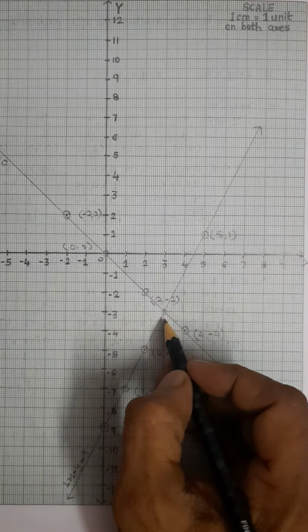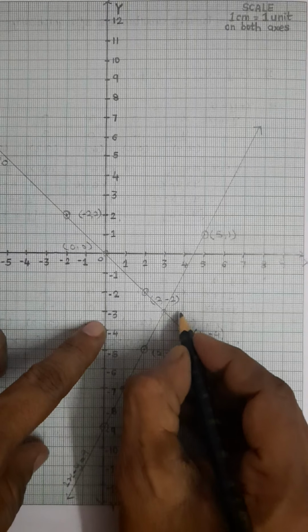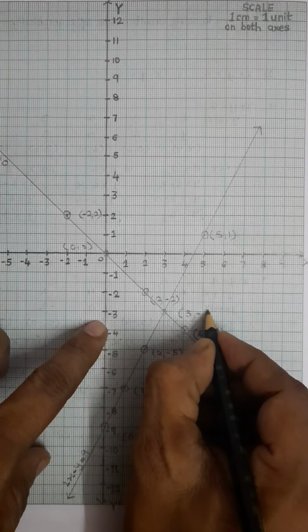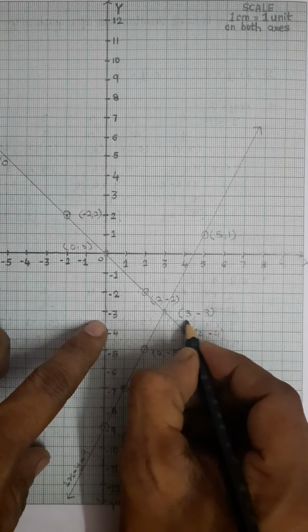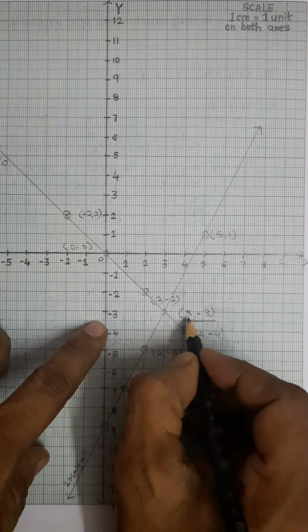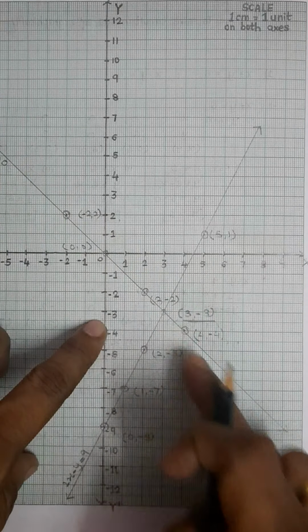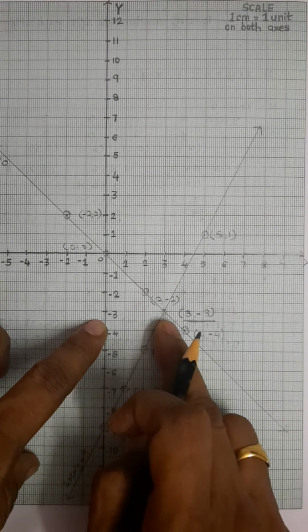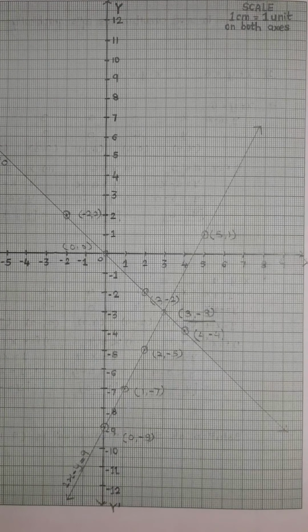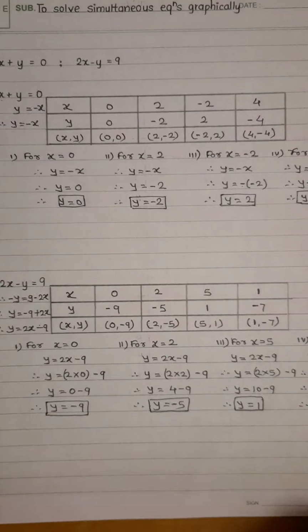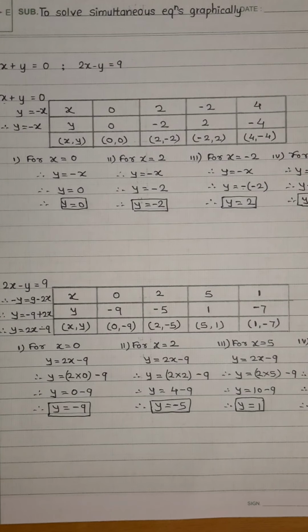Find out the coordinates of the point of intersection, that is (3, minus 3). This is our solution. These values 3, minus 3 satisfy this equation. In the same way these values satisfy this equation. Therefore our solution is (3, minus 3). Don't forget to write the final answer.